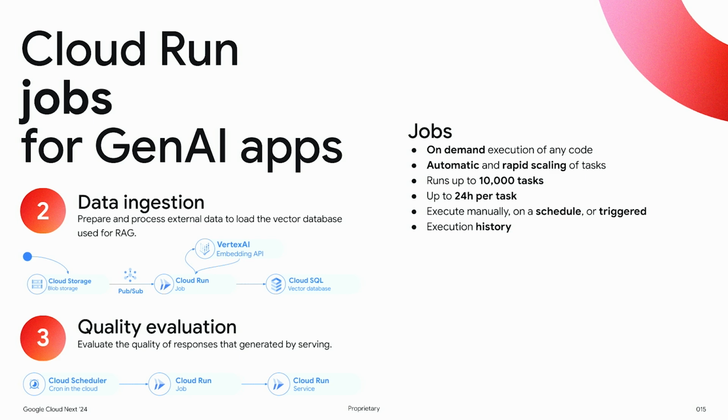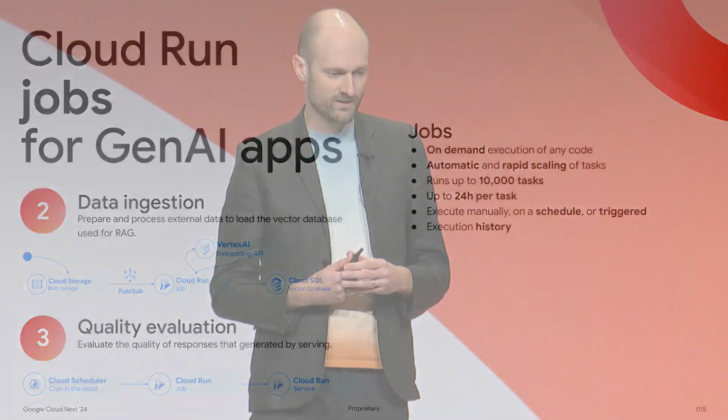The Google Cloud components you would be using, for example, are Cloud Storage and Eventarc. Every time a file goes into Cloud Storage, it would trigger a Cloud Run job using Pub/Sub. This Cloud Run job would call the Vertex AI embedding API, get the embeddings, and store them in a vector database like Cloud SQL or AlloDB using the pgvector plugin.